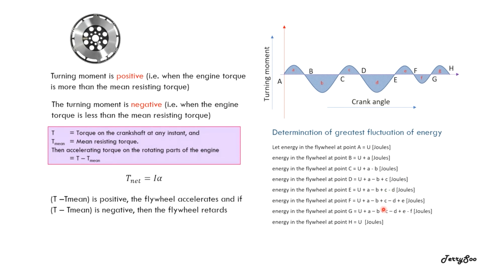So usually to find the greatest fluctuation of energy, we choose from this list from point A to point H the maximum energy developed minus the minimum kinetic energy. So you have to compare which one is the maximum and which one is the minimum. When maximum minus minimum, you will get your greatest fluctuation.